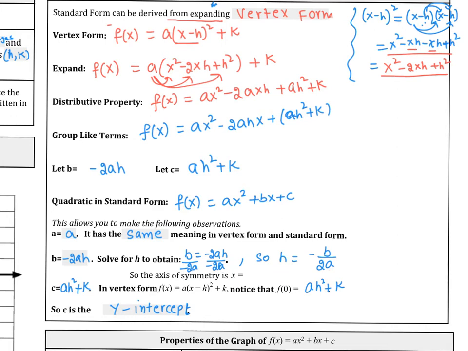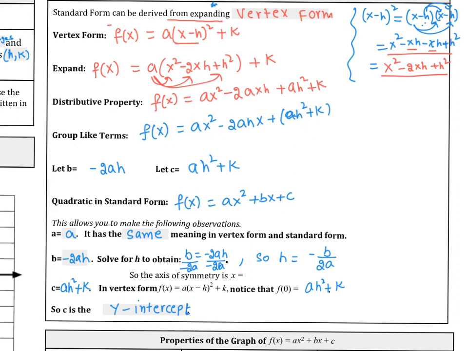Again, we assume that b equals negative 2ah. Divide by negative 2a on both sides, and you get h as negative b over 2a. For c, we assume that this is ah² + k, and that is also called the y-intercept. The y-intercept is the value of y where x is 0.